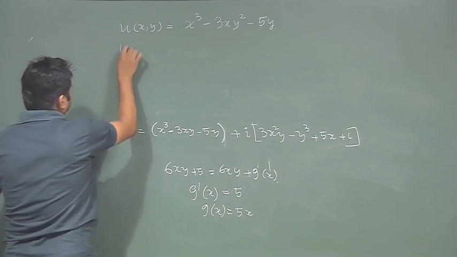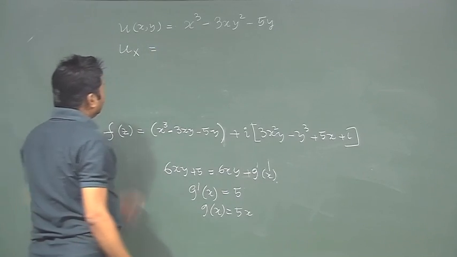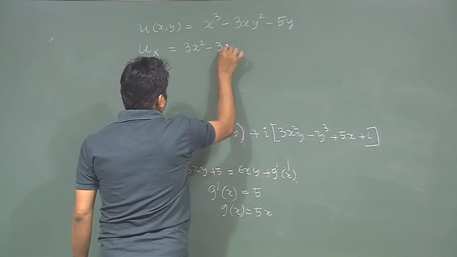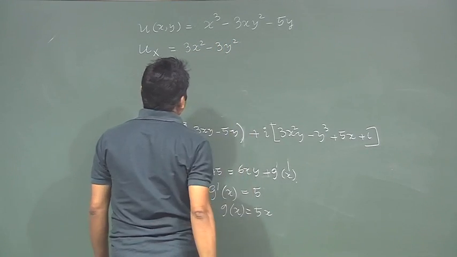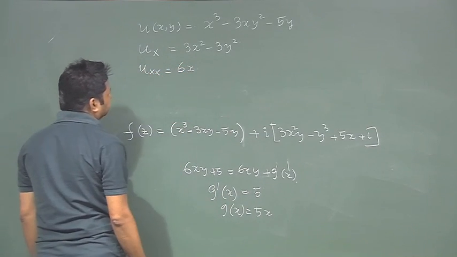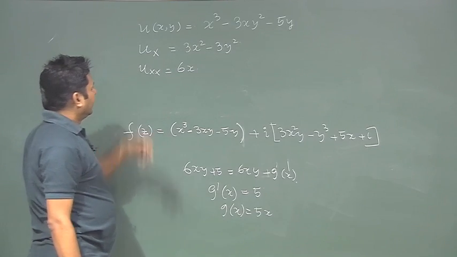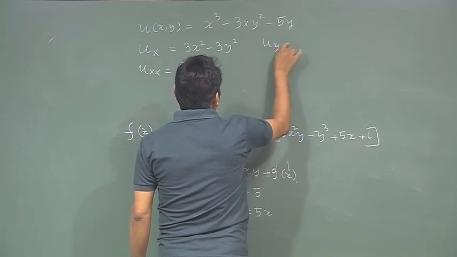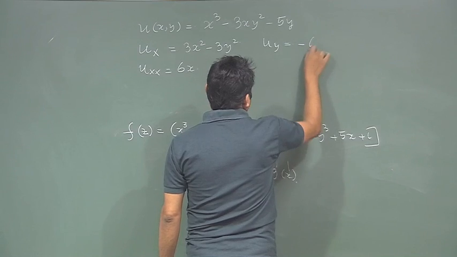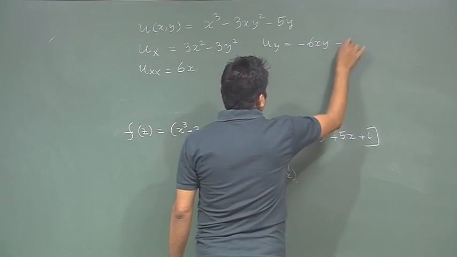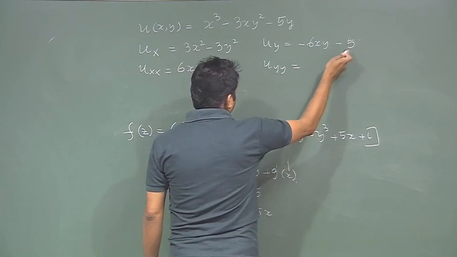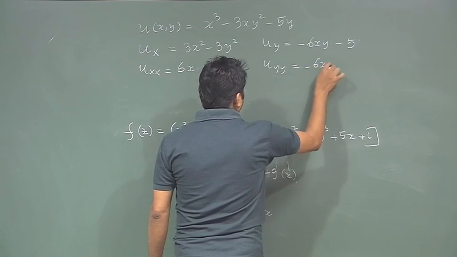So, u_x is again 3x squared minus 3y squared, u_xx is 6x, this quantity. u_y is how much? u_y is minus of 6xy minus 5, u_yy is, this is constant, so it will be minus 6x.